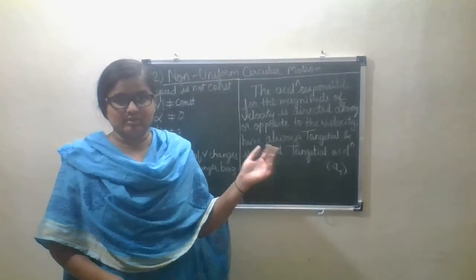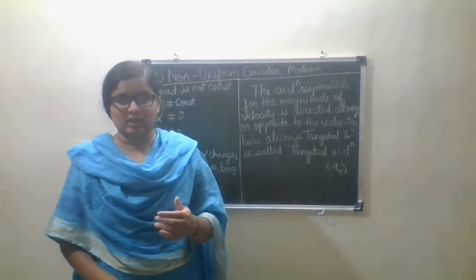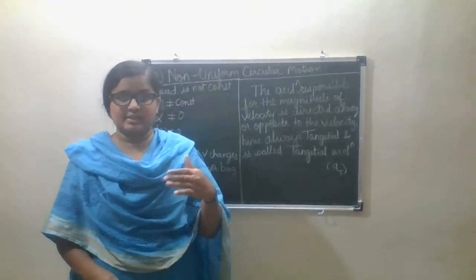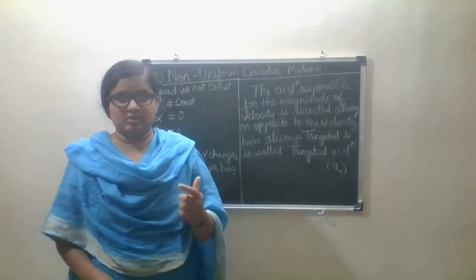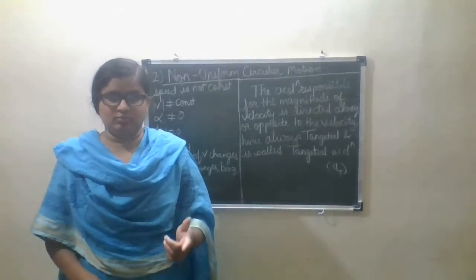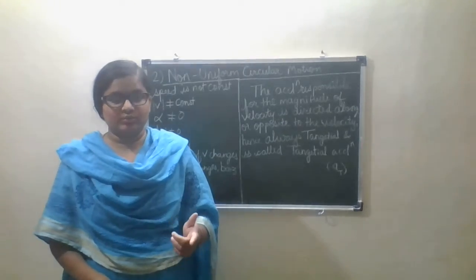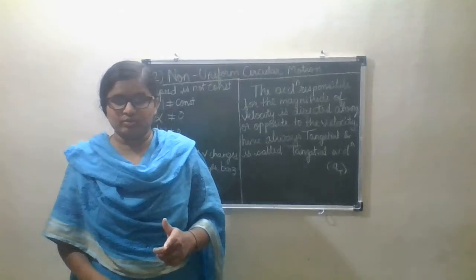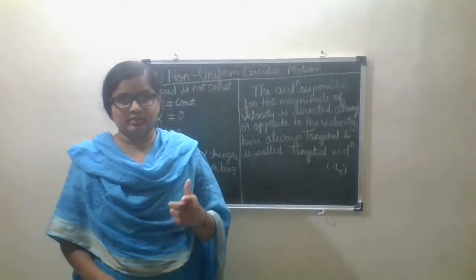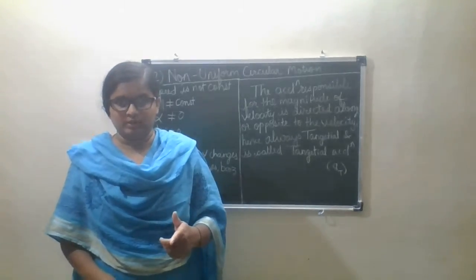Now we will see how, when the fan is switched on, it takes up speed. It is in non-uniform circular motion. In non-uniform circular motion, there is a radial acceleration and a tangential acceleration also.